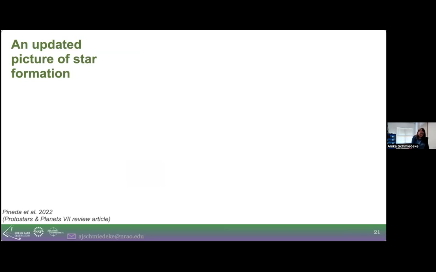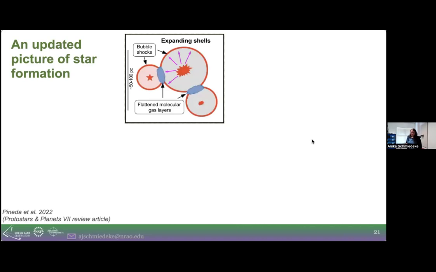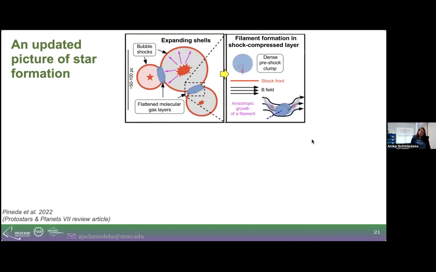So you start on the large scales with these expanding bubbles that are compressing the interstellar medium and then produce these flattened gas layers in between. From that, you get the molecular filaments, or these filamentary structures, within which then the dense cores are forming.